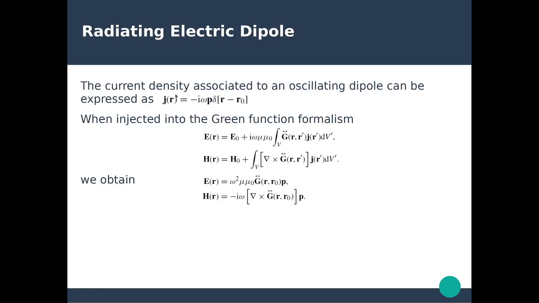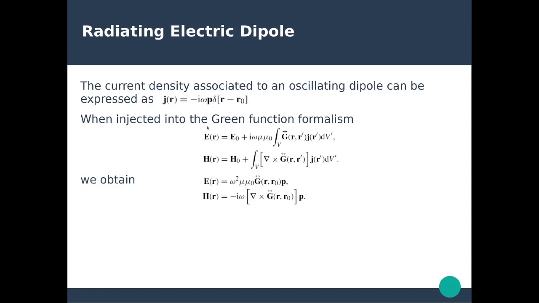So this current density can be used as a point source in the Green function formalism that we discussed in chapter 2. This point source will lead to an induced electric field and an induced magnetic field, taking into account a background electric and magnetic field which comes from an optical excitation, for instance.